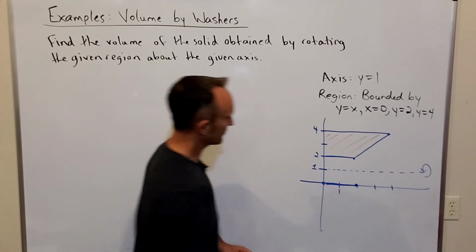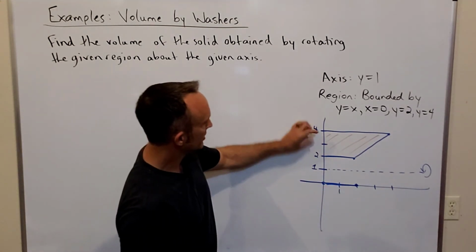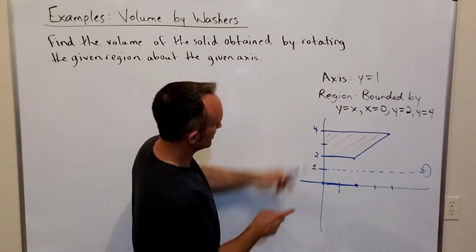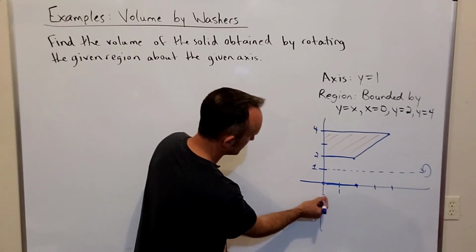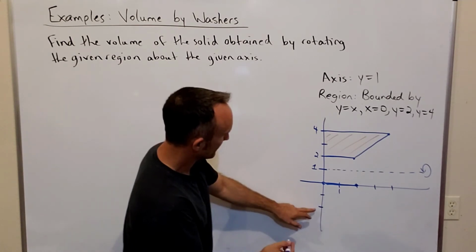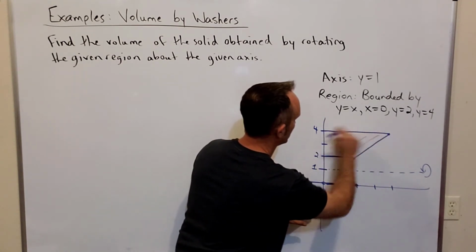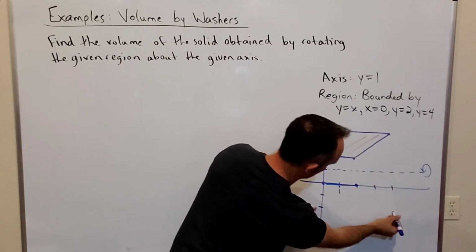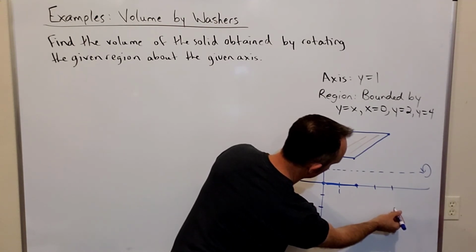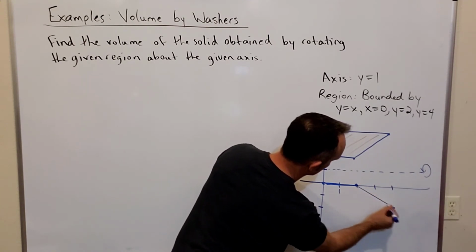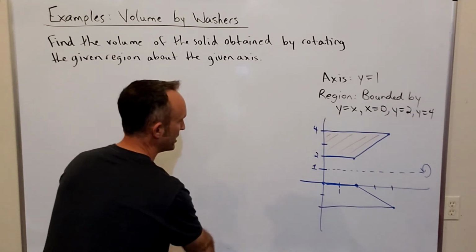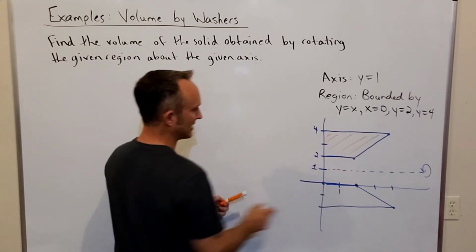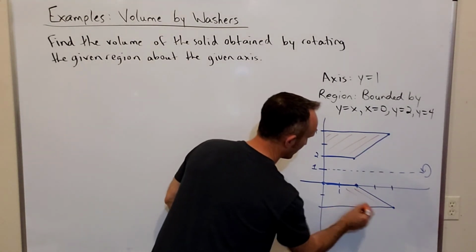And then I'll mirror the top side, which is 3 units away from my axis of rotation. So I'll go 1, 2, there's 3 units, and it goes out here, it's a length of 4. So I'll go 4 units to the right, like this, and that's the slanted part of my region. So now I've got a mirror image of this guy across that horizontal line.